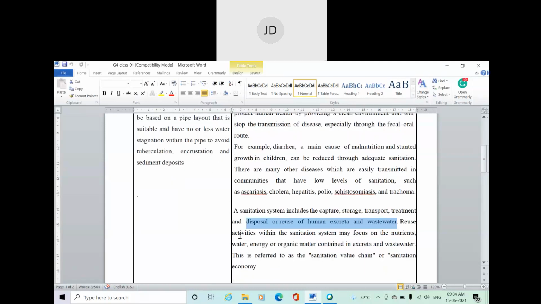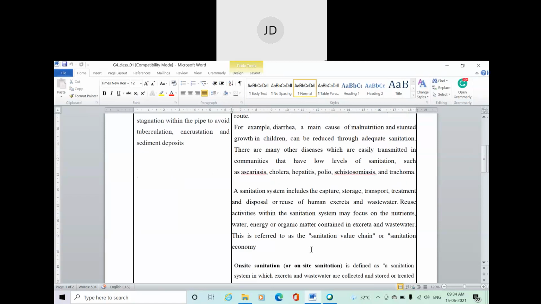Fine. The reuse activities mainly focus on the nutrients, water, energy, or organic matter contained in human excreta and wastewater. Basically, this is referred to as the sanitation value chain or sanitation economy. That means even from the waste, we can generate or develop an economy.